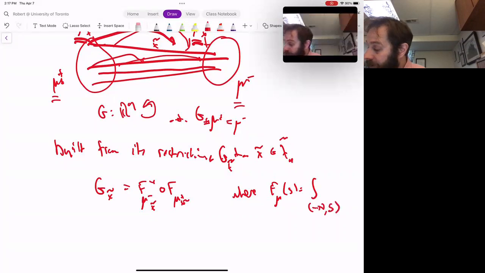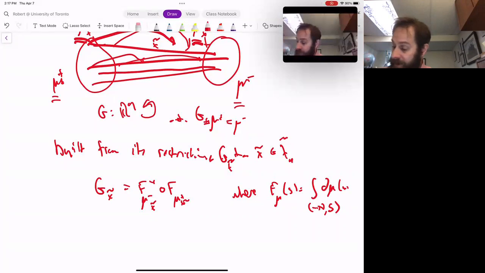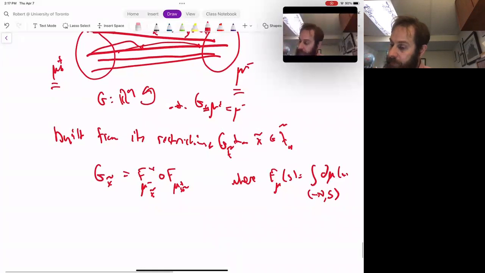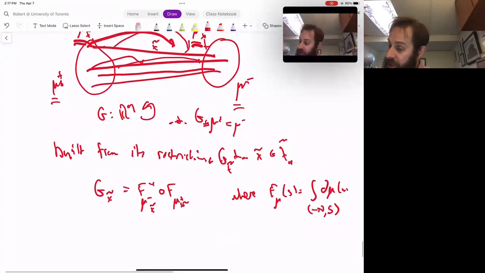I could choose it to be open or half closed as long as I'm consistent, for 1D measures. So that was the strategy.